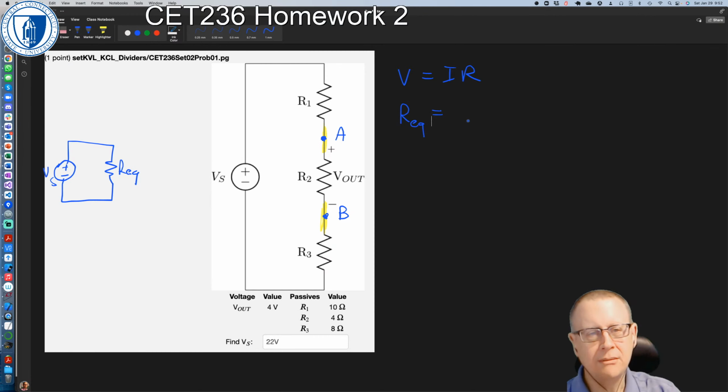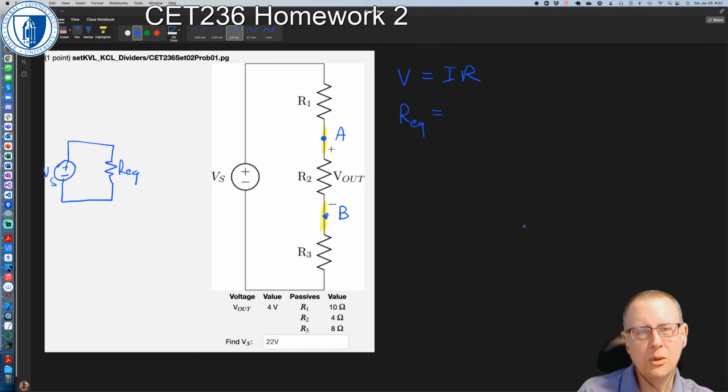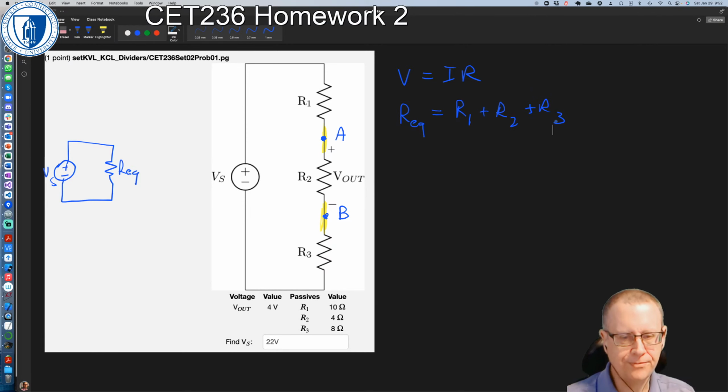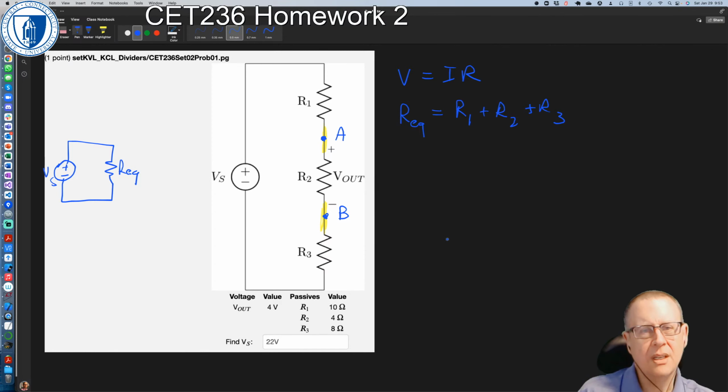So we can find the single equivalent resistance just by summing up the resistor values, right? R1, R2 and R3. So that's going to be 10 plus 4 plus 8, which is 22 ohms.